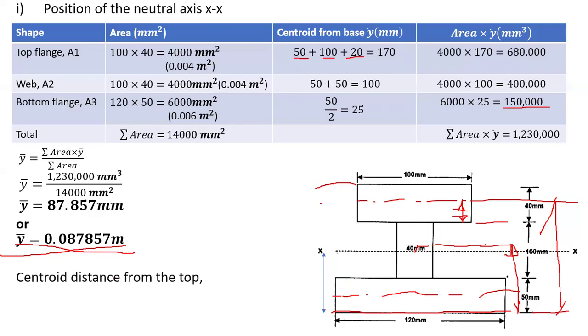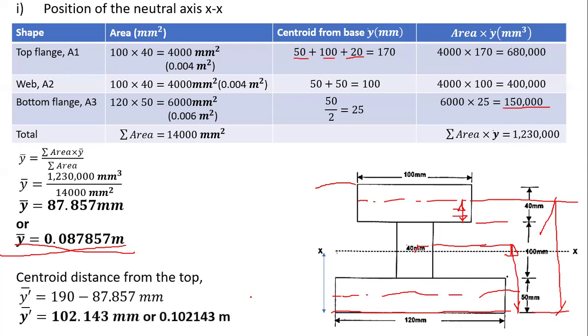With this, we will have two values, and all we do is take the total value of all these things you see here. So we're saying 190, which is the total: 40 plus 100 is 140 plus 50. That's the 190. Minus the value for the centroid from the base, which is 87.857. And your result is 102.143, which is 0.102143 meters.